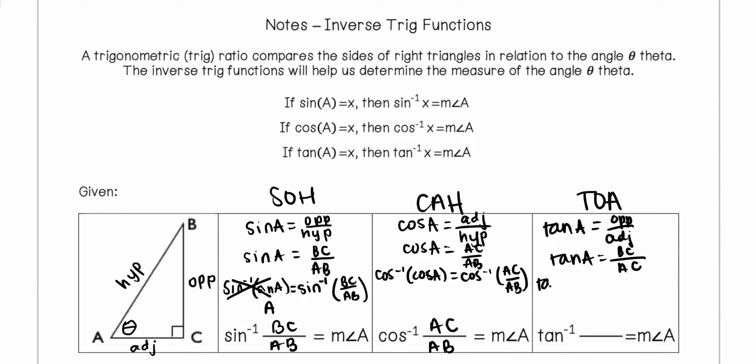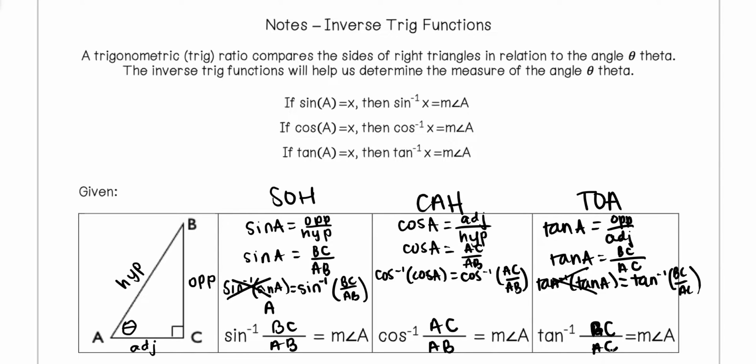We'll take the inverse tangent to get the angle A by itself, because tangent and inverse tangent are inverse operations and they will undo each other. And then we'll have to take the inverse tangent of BC over AC. So that means that the measure of angle A will be equal to the inverse tangent of BC over AC.